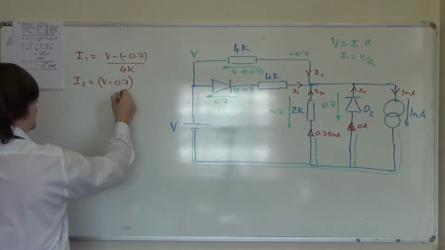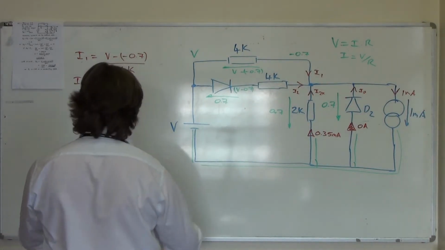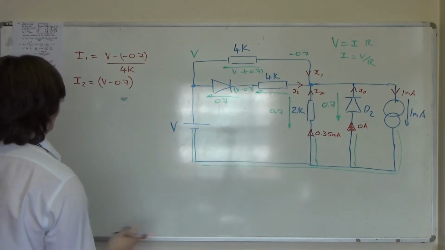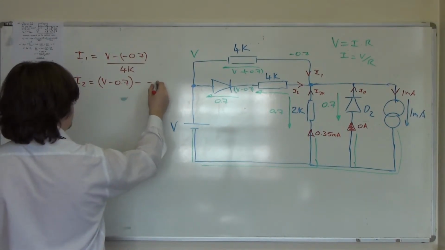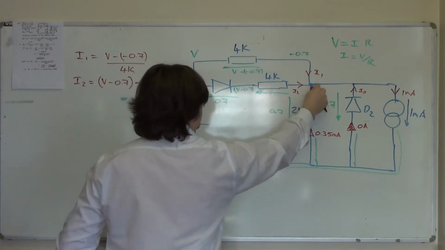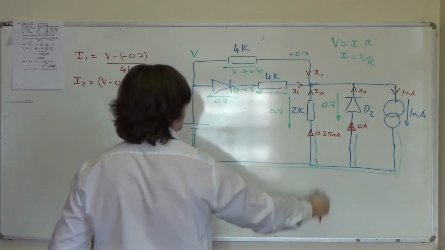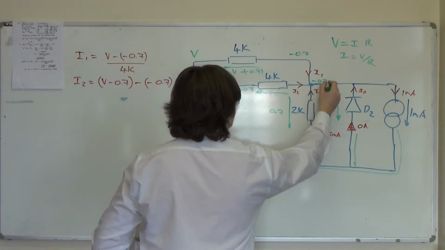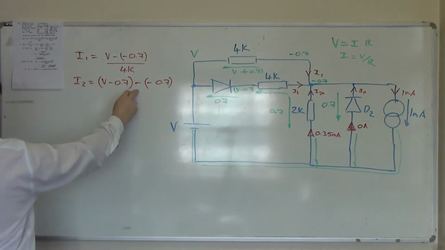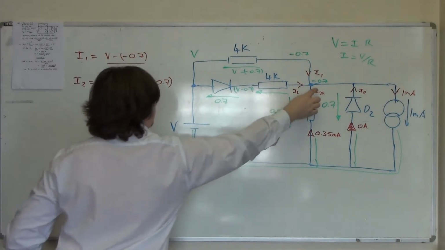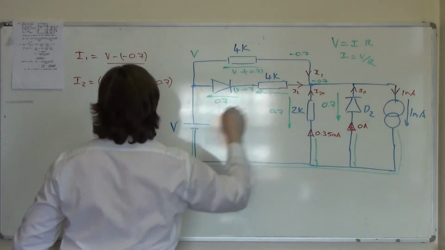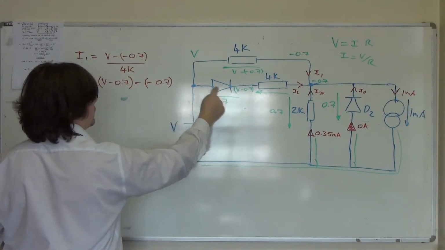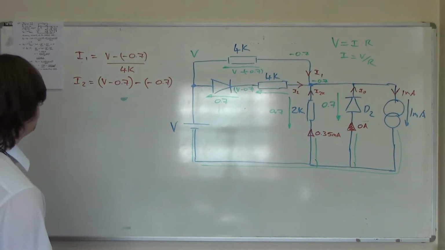Now that's the voltage here, so we're going after the voltage across this resistor, minus 0.7, because that's the voltage on this end of the resistor, because it's 0.7 below the reference here. So this point is at minus 0.7 volts. So that's where the minus is the subtraction of this voltage and that voltage up there. This voltage is minus 0.7, and this voltage is the voltage on this node, which is this V volts minus the 0.7 volts of this diode.